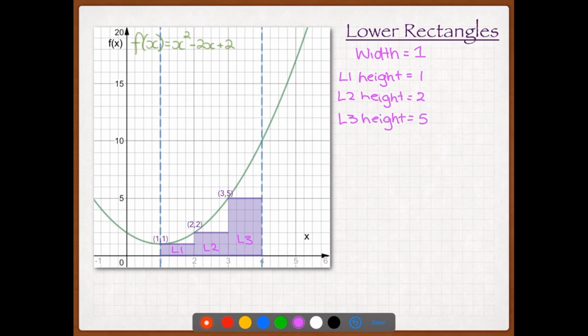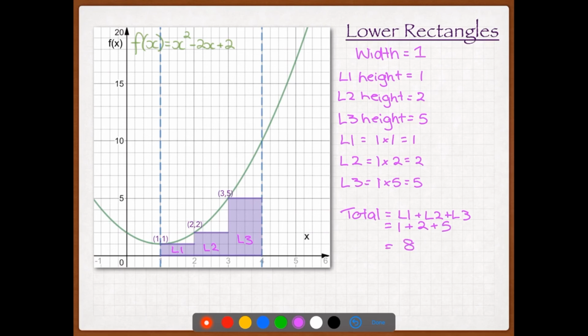We already know that the area of a rectangle is just the width by the height. So L1 area is 1 by 1, it's just 1. L2 is 1 by 2, 2. L3 is 1 by 5, which is 5. So the total area for all of our lower rectangles is L1 plus L2 plus L3, which in this case is 1 plus 2 plus 5, which is 8. So the area shaded in purple here is just 8.